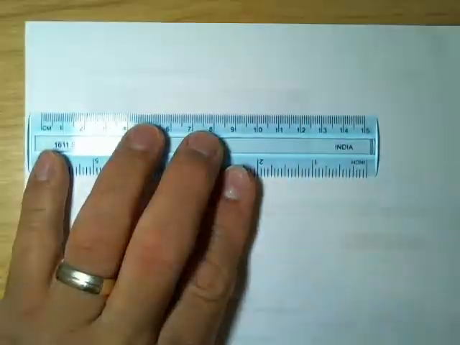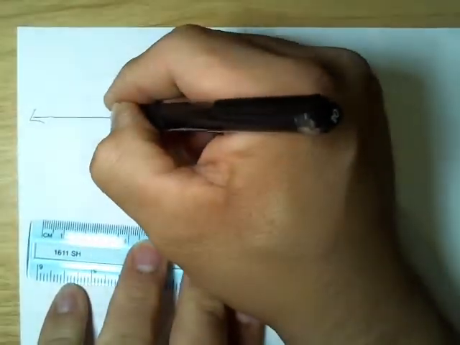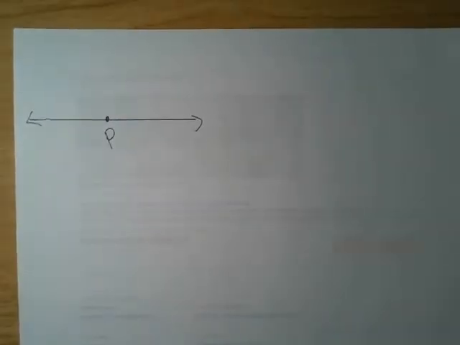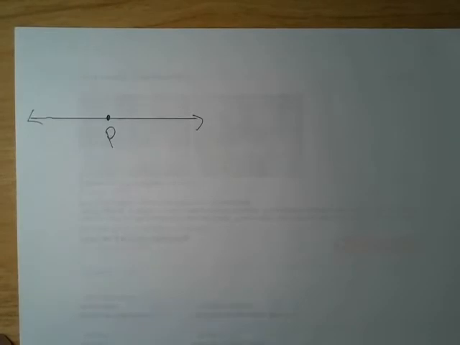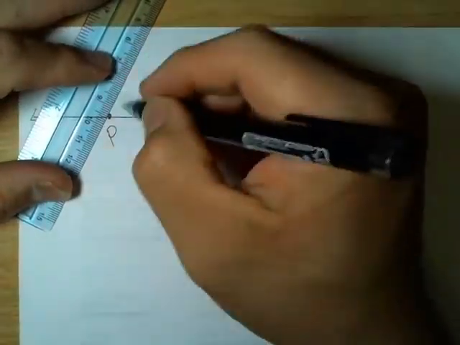So let's look at a straight angle, and we're going to define what are called supplementary angles. Let's say I have two angles.